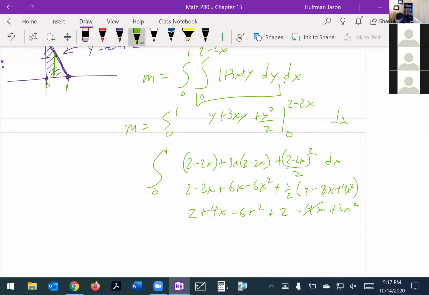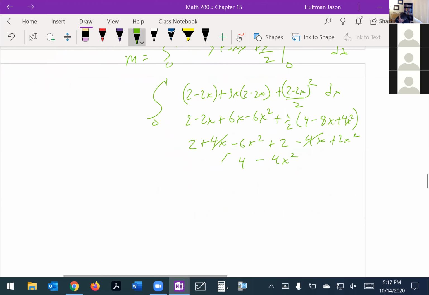So it looks like those cancel. I'm left with 4 minus 4x squared.